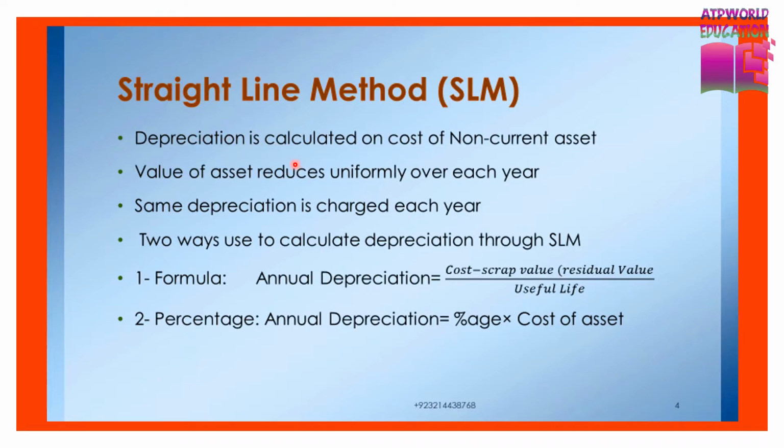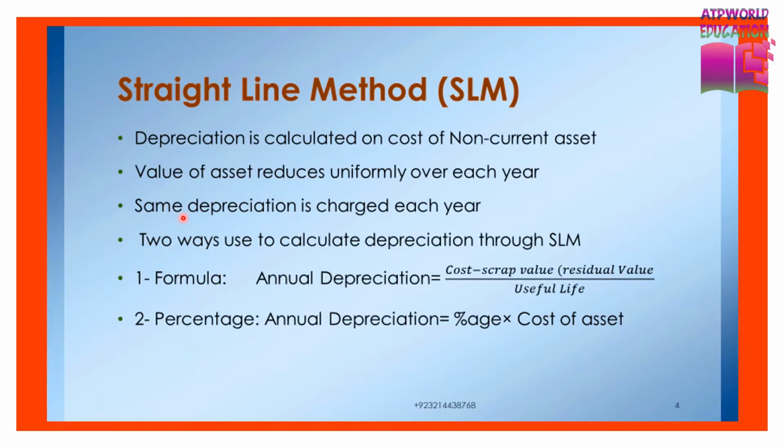Means we take the cost of non-current asset and then apply the percentage or any formula related to calculation of depreciation to find out annual depreciation of that asset. This method reduces the value of assets uniformly over each year of life. Means that every year you will charge same depreciation.